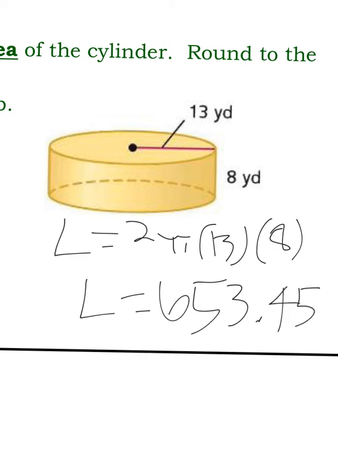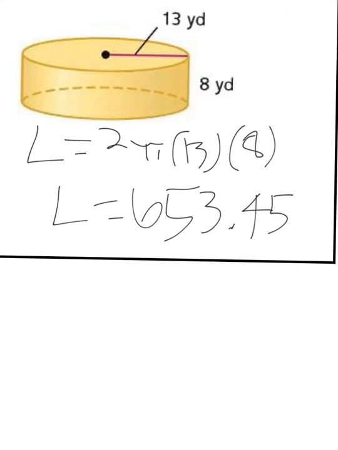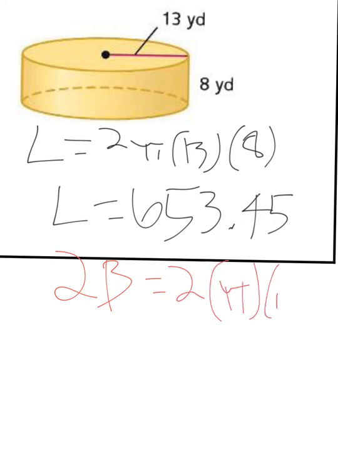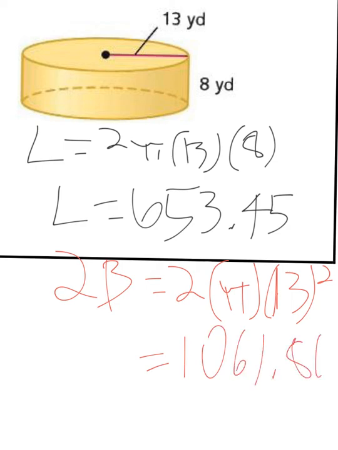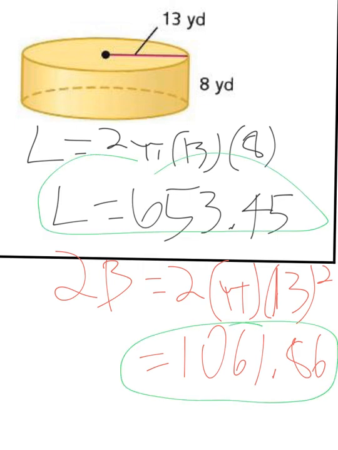Okay, the next step I did was get my 2b, 2 times the area of the base. So that's 2 times pi r squared. You don't have to put it all in parentheses like I am. I'm just kind of doing that out of habit. I get 2b equals about 1061.86.